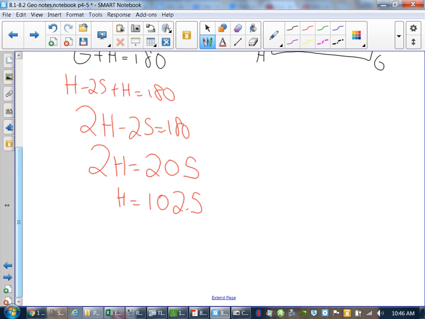So if that's 102.5, what do I do to that to figure out G? Very good. And what do you get for G then? You get 77.5. If you add those two together, what do you get? Well, there you go.